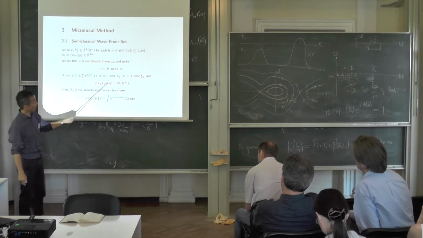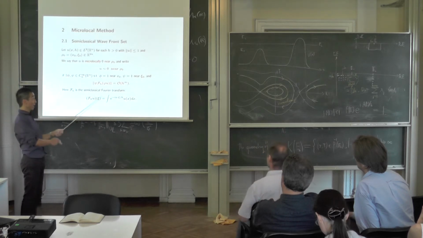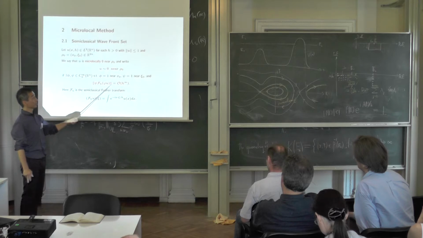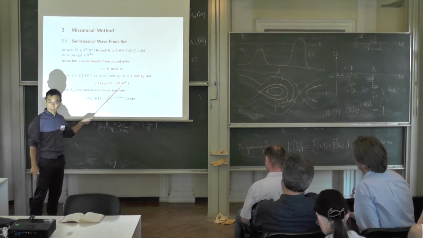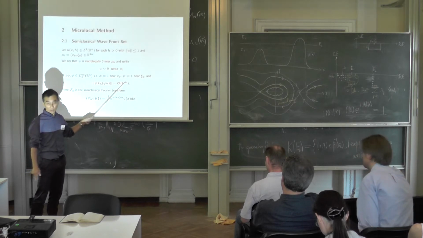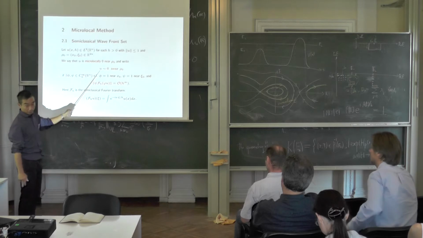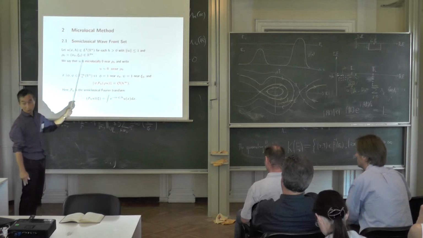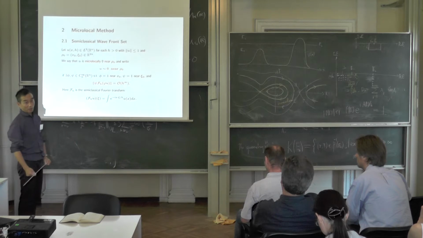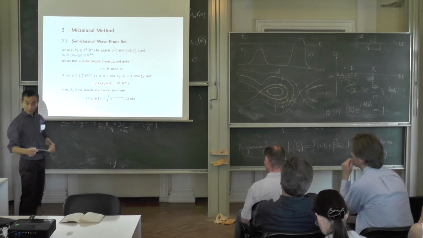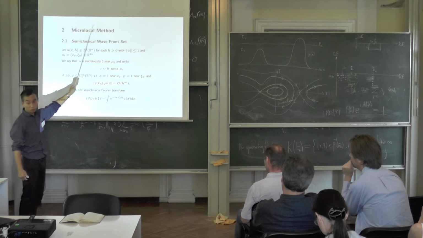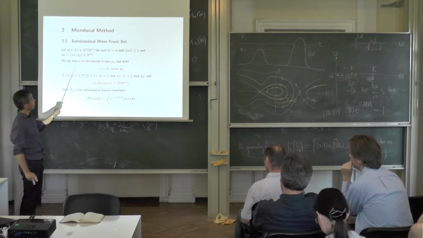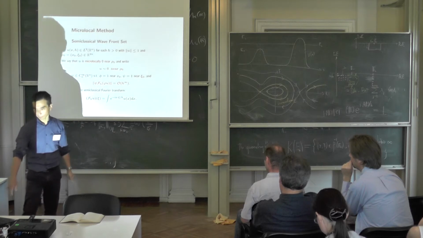So at the same time, I localize in x and in xi, and I measure this function with the L2 norm. And if it is very small, h to the infinity, when h goes to 0, then we say that this u is microlocally 0 near this point. Okay? And the complement of such points is called the semiclassical wavefront set, but I don't use this terminology. I always use this microlocal 0.